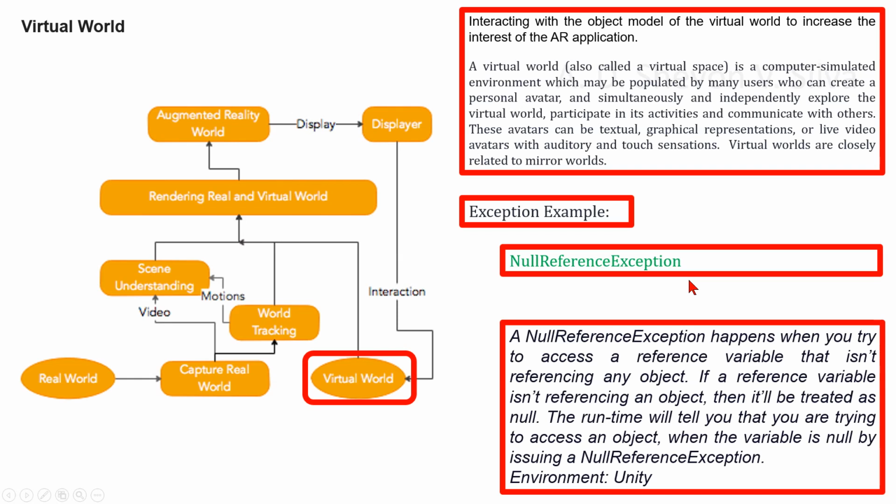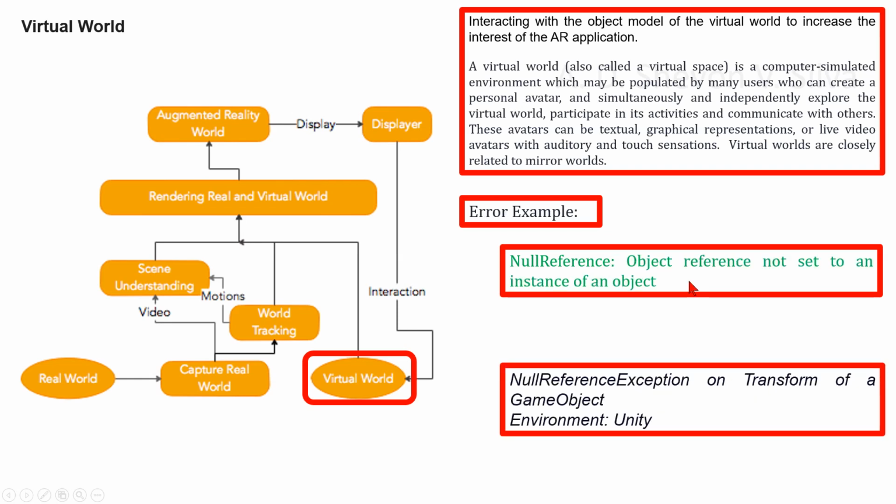The runtime will tell you that you are trying to access an object when the variable is null by issuing a null reference exception. This is a null reference exception on transform of a game object in Unity. As an example, here null reference object reference not set to an instance of an object.